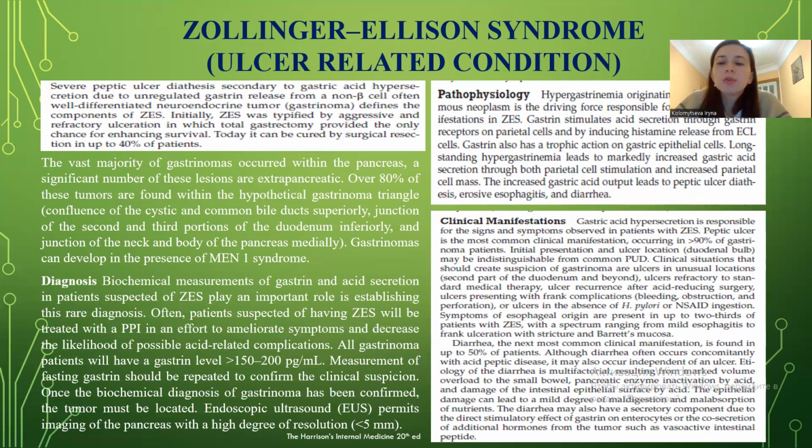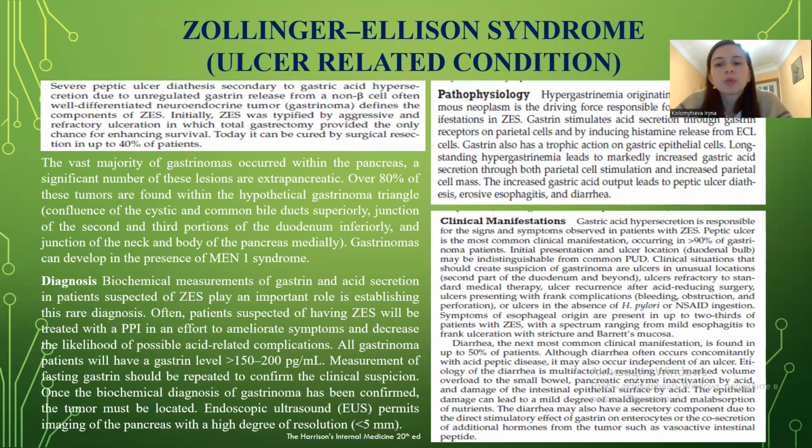Ulcers in the absence of Helicobacter pylori or anti-inflammation drug ingestion. Symptoms of esophageal origin are present in up to a third of patients with Zollinger-Ellison syndrome, with a spectrum ranging from mild esophagitis to frank ulceration with stricture and Barrett's mucosa.